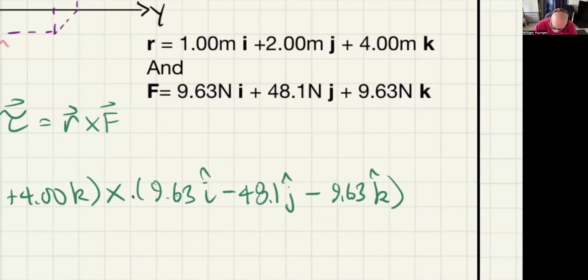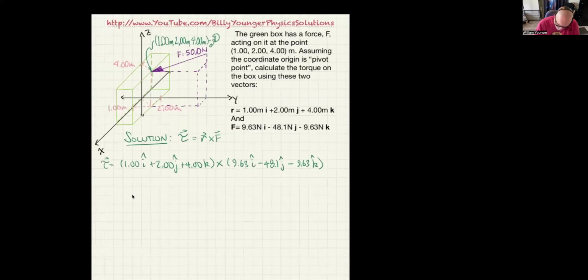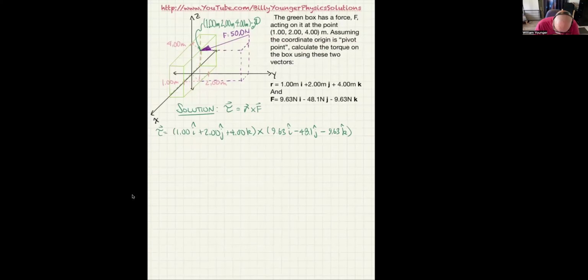So sorry about those typos. I will fix those before I submit this document. Oops, I can do it right now. All right, so there's our actual vectors: 9.63 newtons i hat minus 48.1 newtons j hat minus 9.63 newtons k hat is the force vector. Now what we do is use the distributive property.